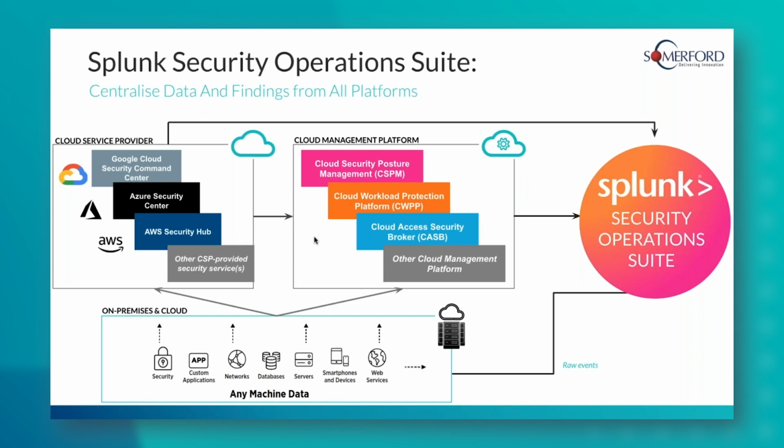As long as it's any machine data, we pull that into Splunk via either raw events through REST API or other means to give us all of our information in one place. And we can then apply alerting, reporting, and visualizations across that. So that's our Splunk instance.